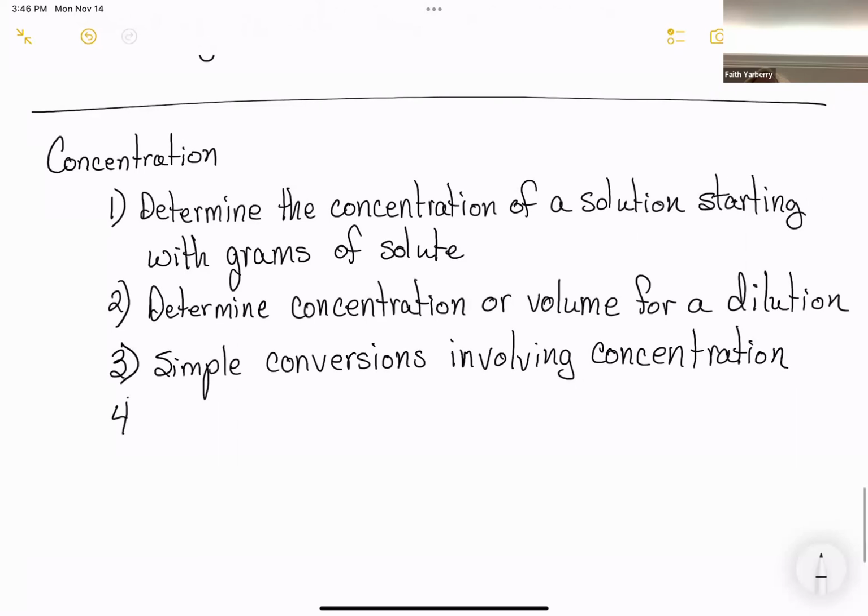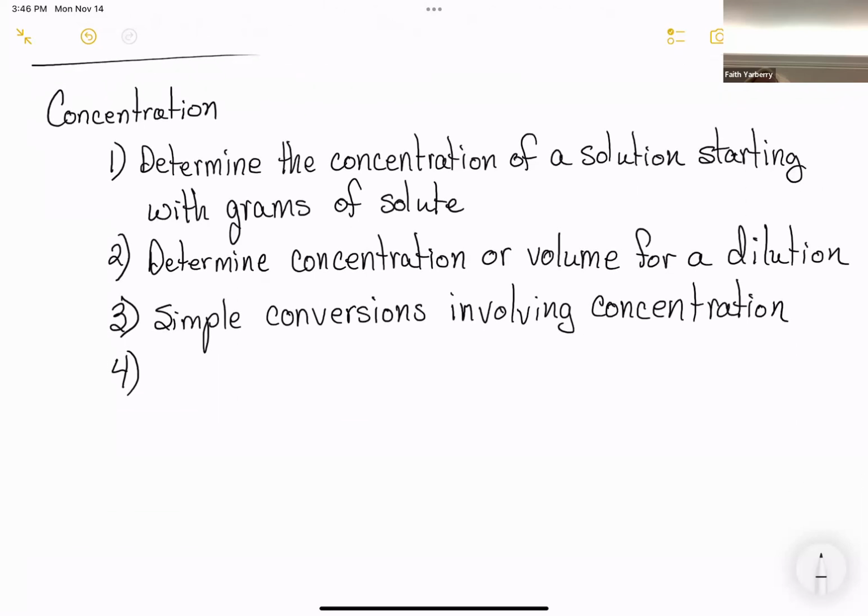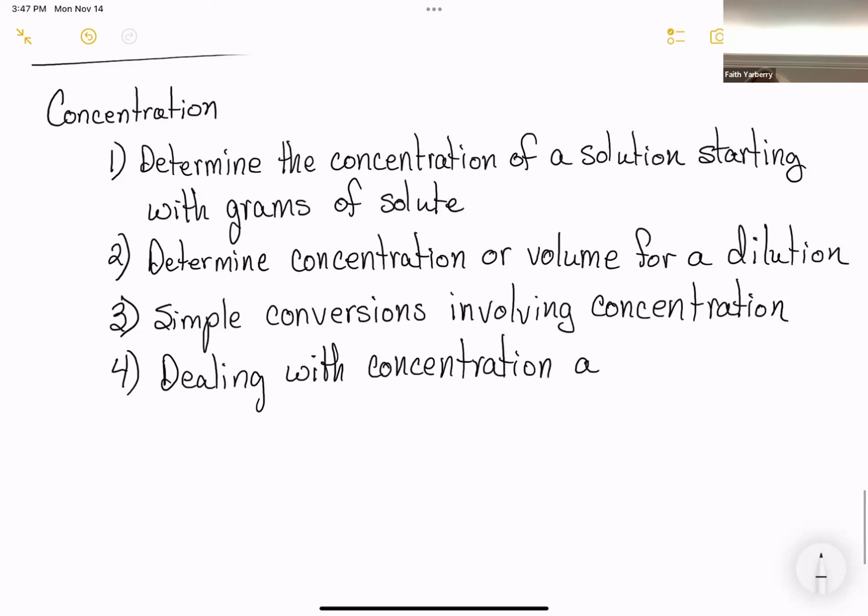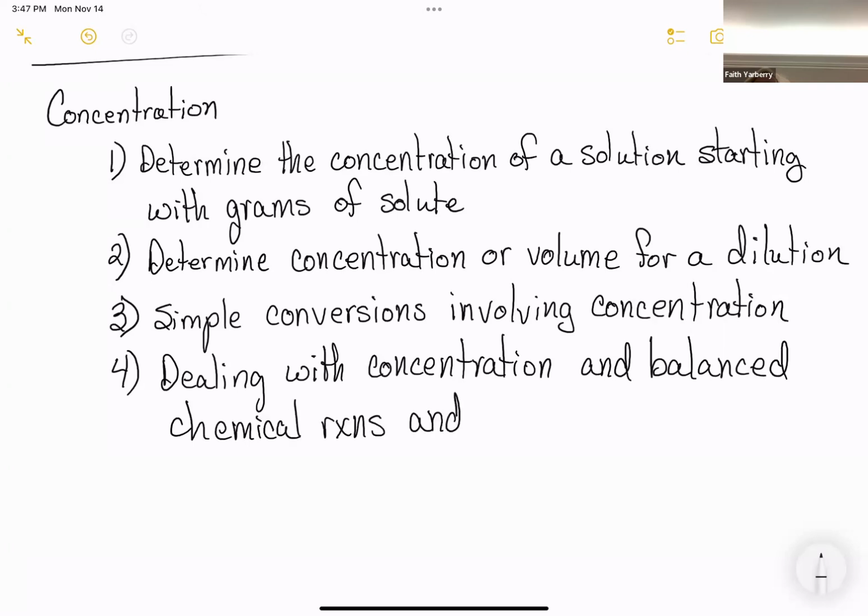And the last thing is we will be dealing with concentration and balanced chemical equations and stoichiometry in a problem.